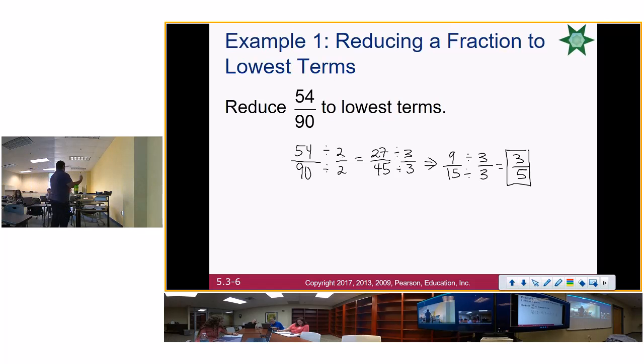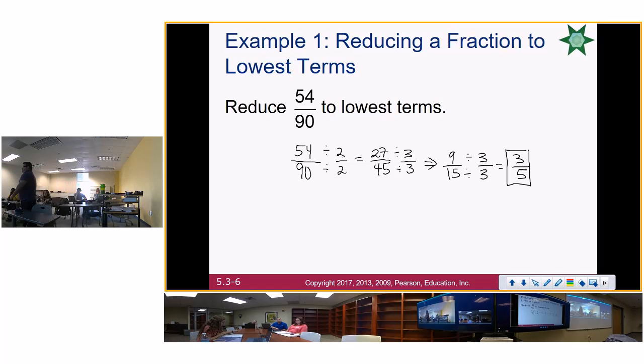Now, is that the only way? Is that the only way you can do 54 over 90 down to 3/5? Yes or no? It's not the only way. You can do it however you want to. If you do everything correctly, will you get 3/5? Yes, you will. I did it the basic way. I did it the basic way to show people the most basic way you can do it and not have to remember too much.